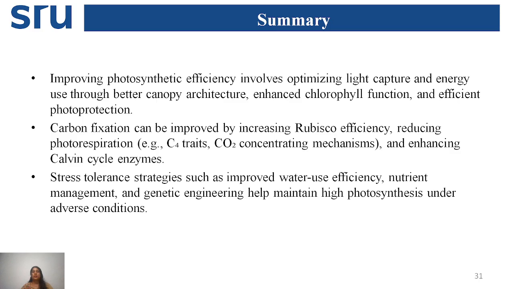So as a summary, I would like to highlight some things. Photosynthesis has a light reaction and a dark reaction. In the light reaction, we get ATP and NADPH. In the dark reaction, we have three categories: C3, C4, and CAM pathways.